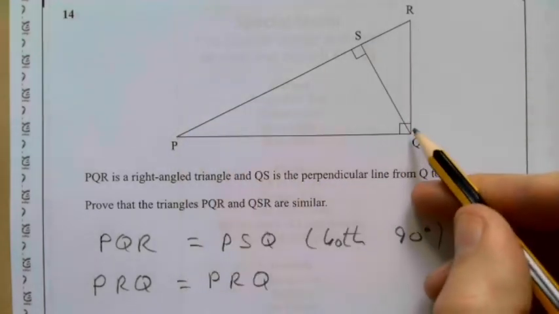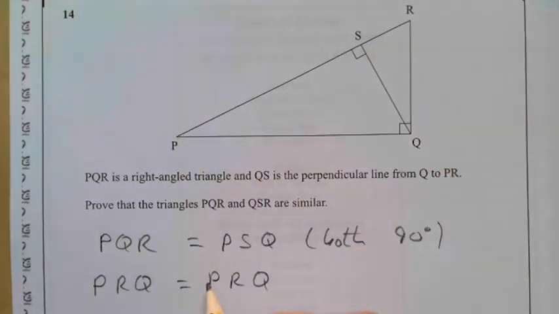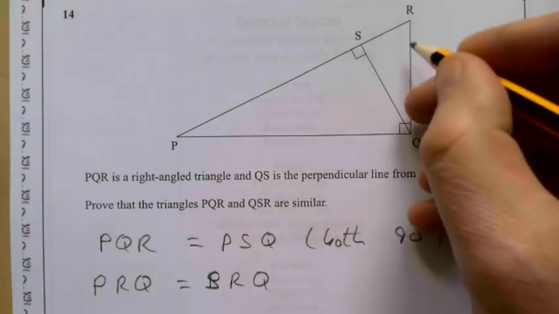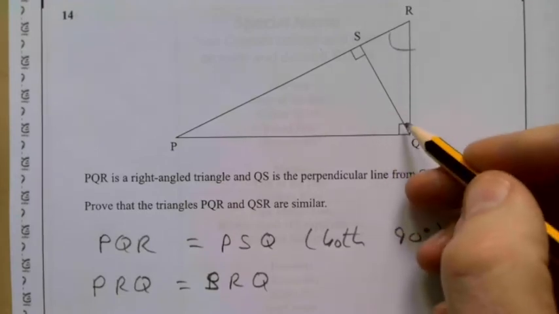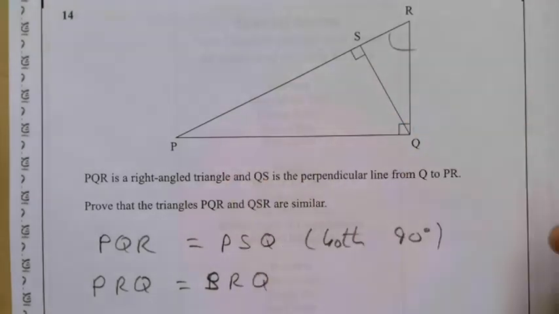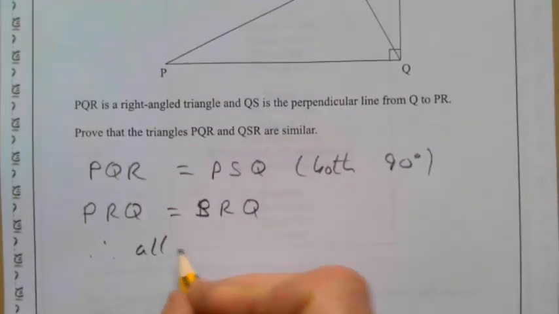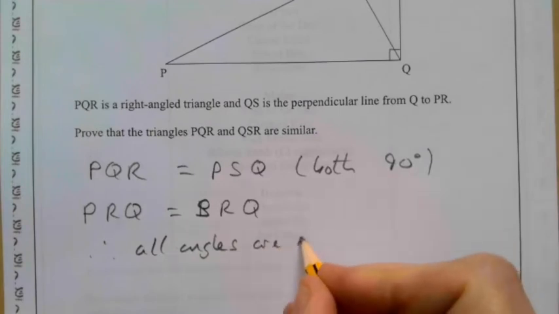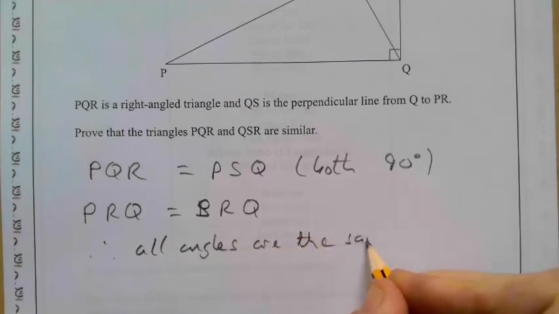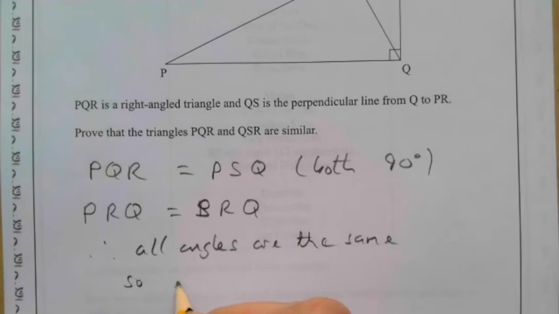So PRQ in the big triangle is equal to, you maybe actually call it SRQ, I think it makes more sense. SRQ, that angle there is the same in both. If two angles of a triangle are the same as each other, then the third angle must be the same as well. Therefore, all angles are the same. So the triangles are similar.